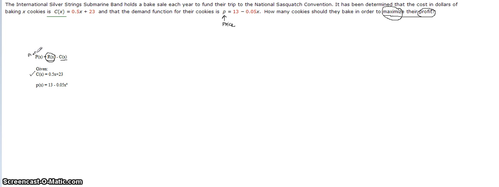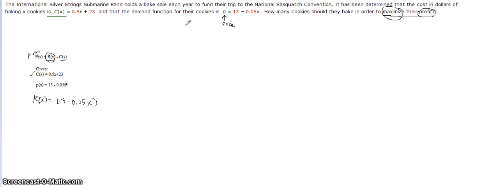equation here. Okay, so the revenue is going to be based off of the price, because the revenue is the amount of money you bring in. So revenue, R of x, should just be equal to the price that you're charging, which is 13 minus 0.05x. Not x squared, sorry, that should just be an x there.